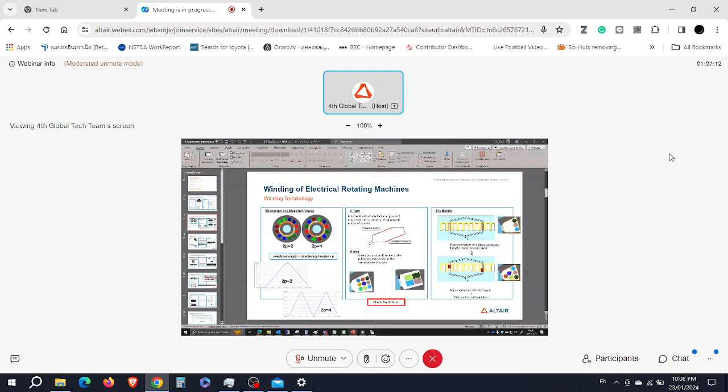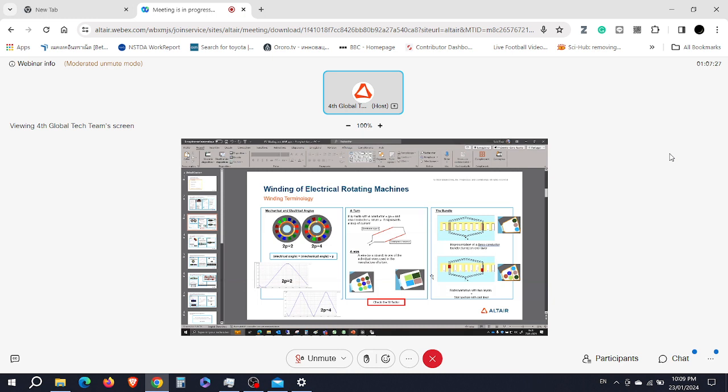Okay, then. You will see as well in Flux Motor that, depending on the configuration, you have a number of slots and a number of poles. In some cases, you can make two layers in your winding.